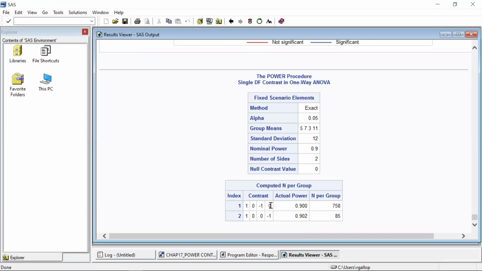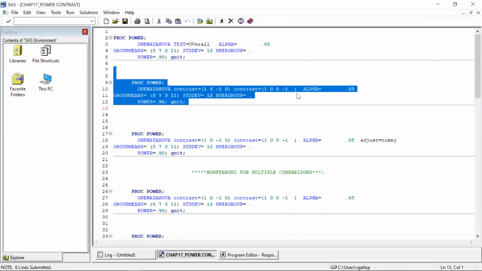Again, we're asking for 758 observations per cell, the number per group. This is for 1 versus 4. Why is this smaller? Because 5 to 11 is a lot smaller difference than 5 to 3. So that does that. Again, these power calculations are not adjusted for multiple comparisons.